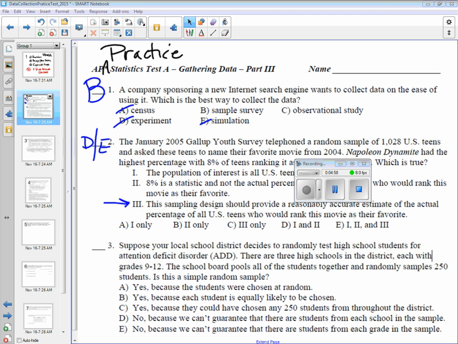In order for it to be an SRS, whatever your sample size is, each sample of that particular size has an equally likely chance of being selected. That's why it's an SRS. Okay? So we've seen that question twice now. Any questions about that? All right, so the answer would be C, correct?